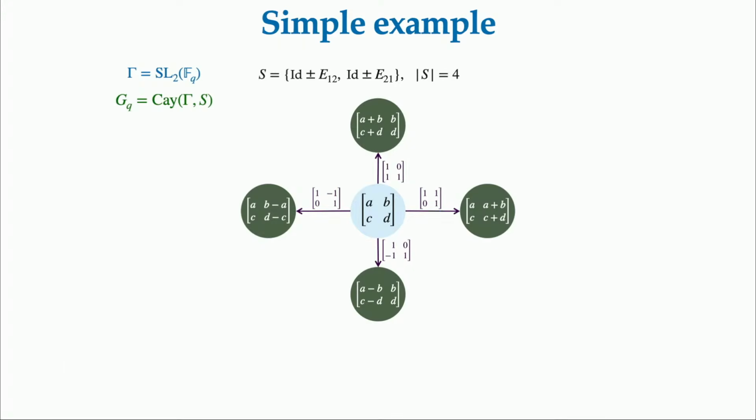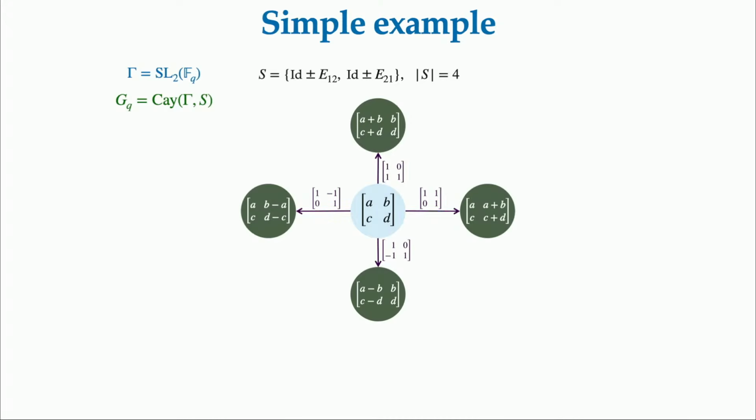So in this case, the group is going to be all 2 by 2 matrices whose determinant is 1, and the entries are in the finite field of size q. Maybe even think of q as being literally prime. So the entries are 0 through q minus 1 mod q. Okay, and then I'm going to define a 4-regular graph on this particular vertex set.